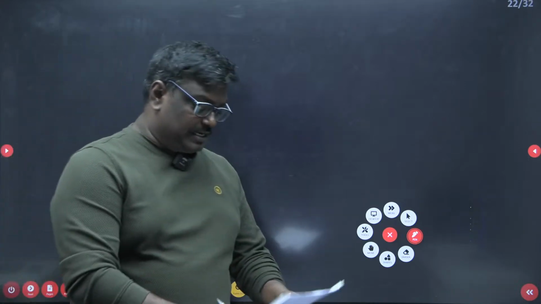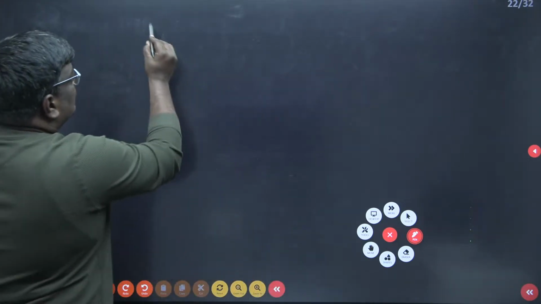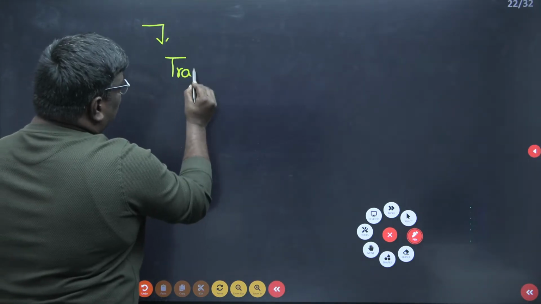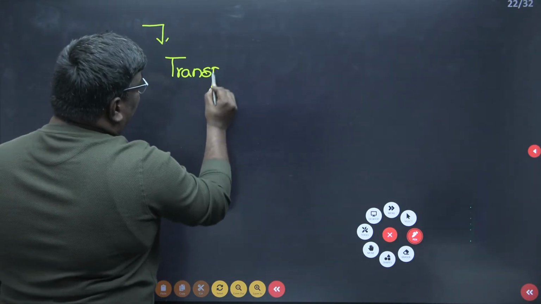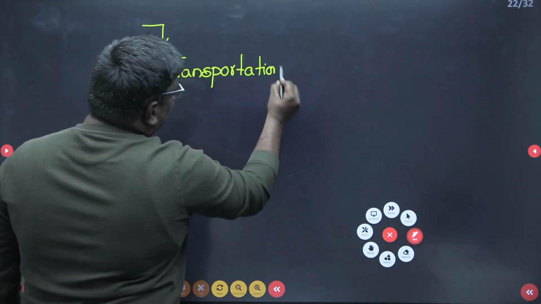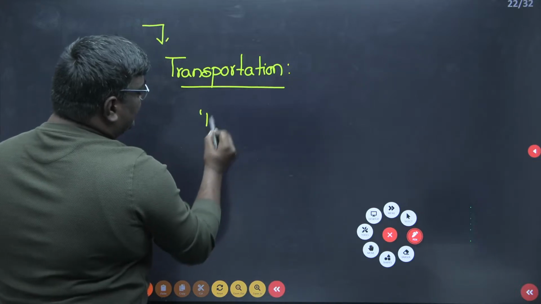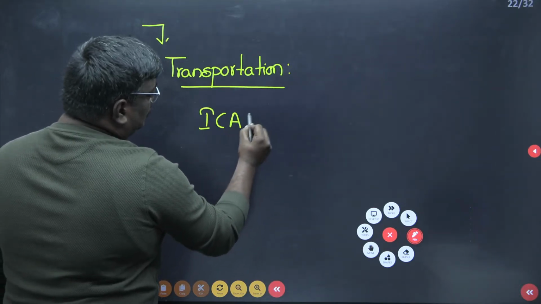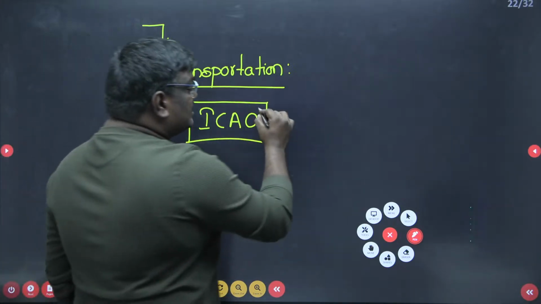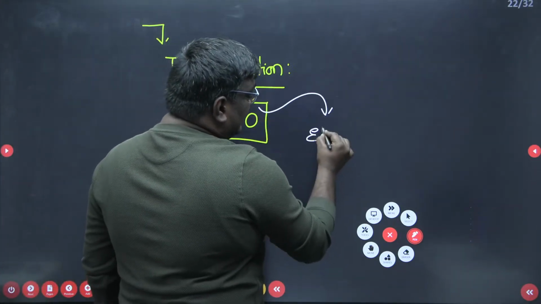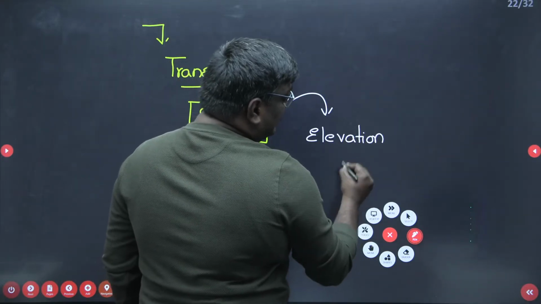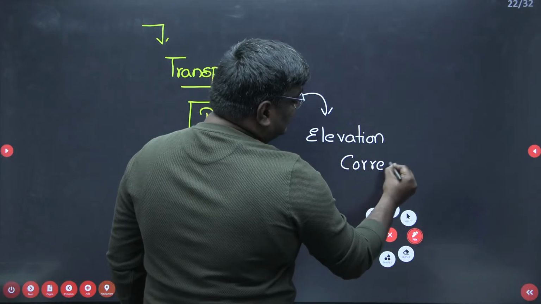Now my dear students, there was a question asked in transportation. What is the correction which is given for elevation? In transportation, airport engineering, we have the International Civil Aviation Organization, ICAO. The elevation correction is standardized: for every elevation of 300 meter, the elevation correction is 7%.